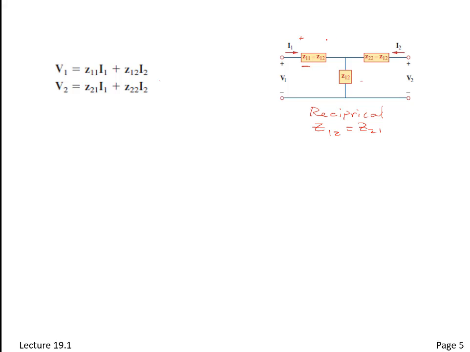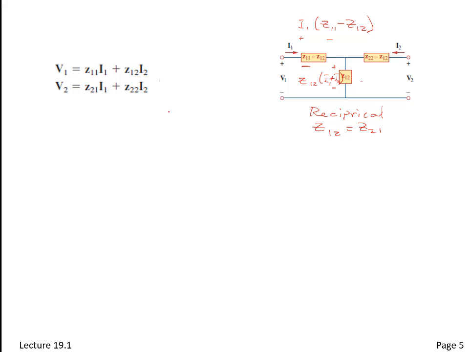The voltage here is I1 times Z11 minus Z12. The voltage here is Z12 times I1 plus I2. Now if I complete that loop, what am I going to get?